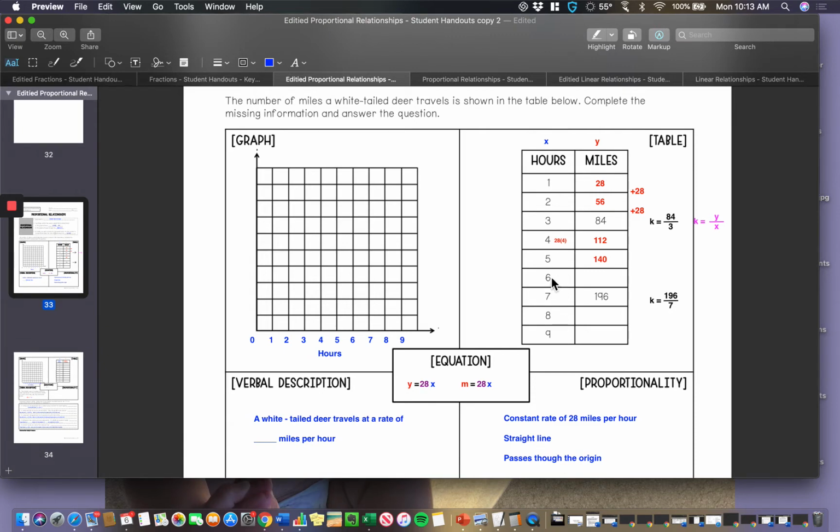So for 6 hours this deer is traveling, it's 28 times 6, which is going to give me an answer of 168.